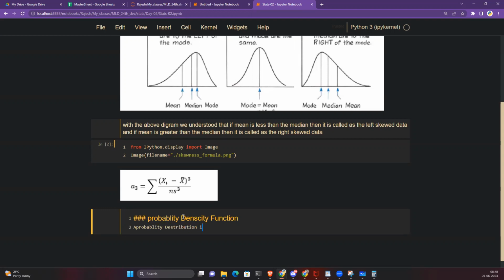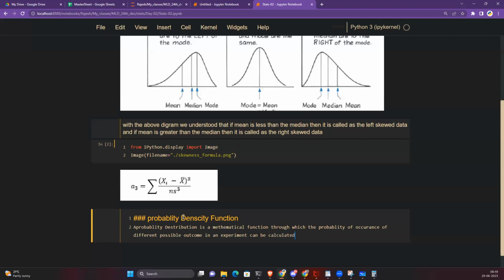A distribution is a mathematical function through which the probability of occurrence of different possible outcomes in an experiment can be calculated.